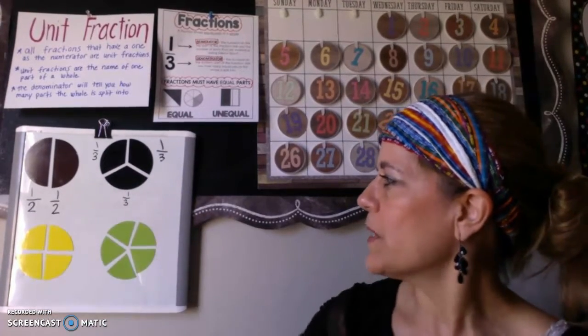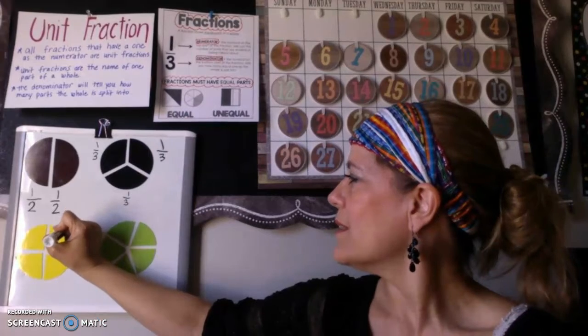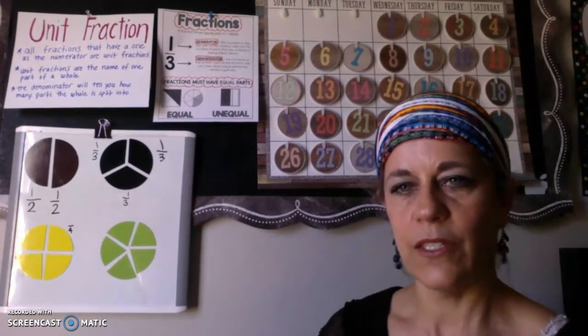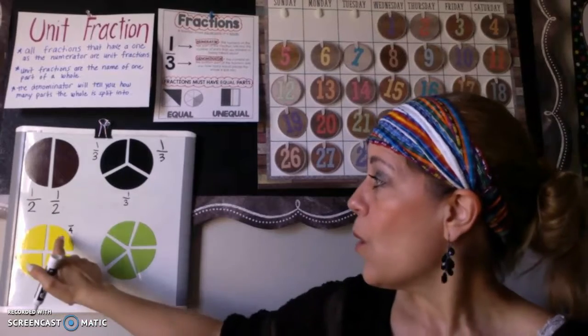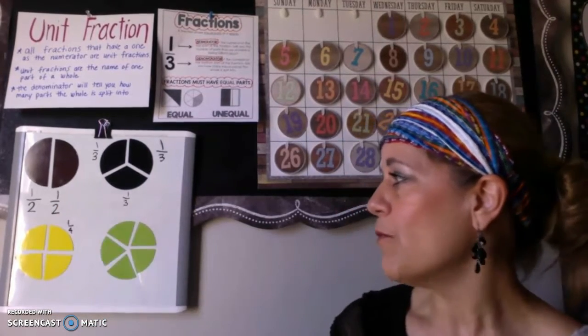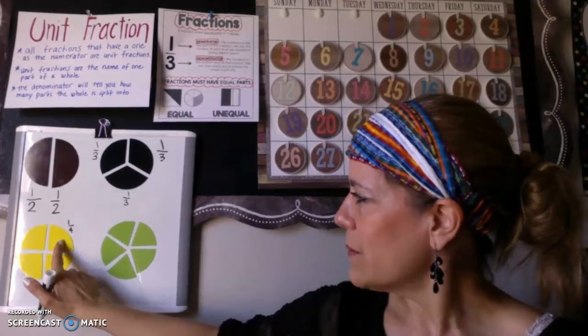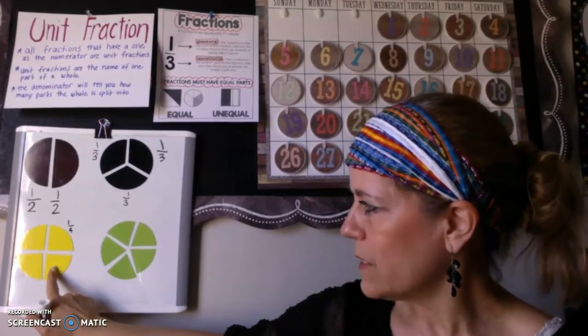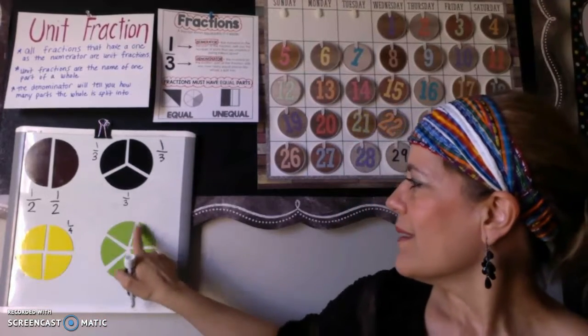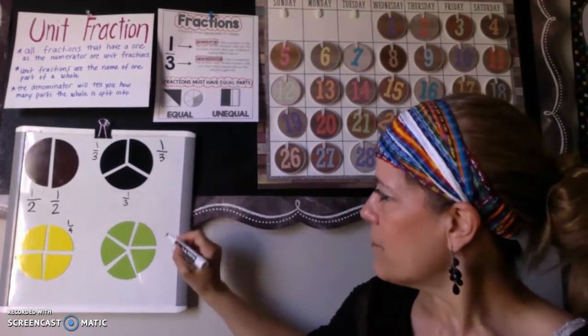Let's take a look at this one. The denominator would be 4. I've divided that circle into 4 parts. One of these parts would be a fourth. So this part is a fourth, this is a fourth, this is a fourth, and this is 1/4. This circle I've divided into 5 parts.